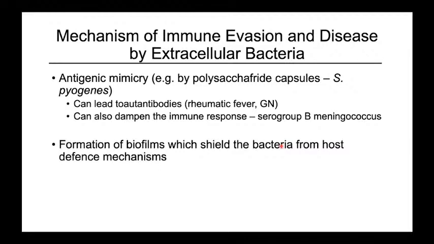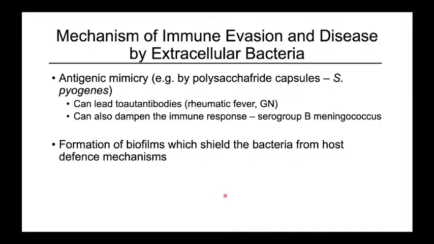If there's another factor that leads to breakdown in tolerance, then that is when you get autoimmune pathology developing, okay? So I just want to highlight that the presence of one cause of autoimmunity is not enough to cause pathology or autoimmune disease. You need an interplay of factors, and we'll discuss that later.